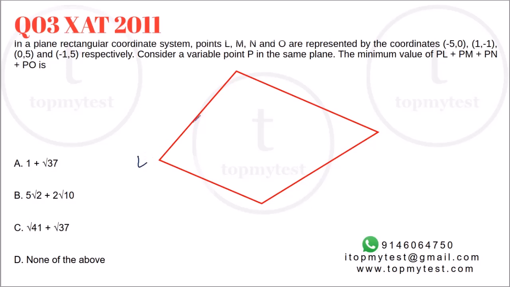So you have L, M, N, O. Now I want to minimize the distance of P. It can be anywhere from each of these points.